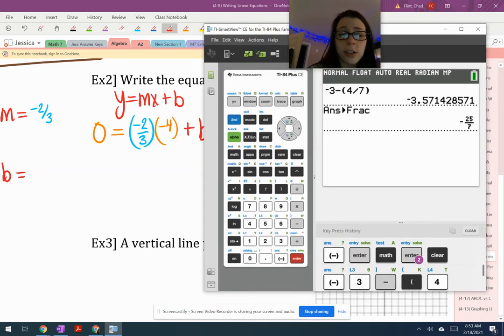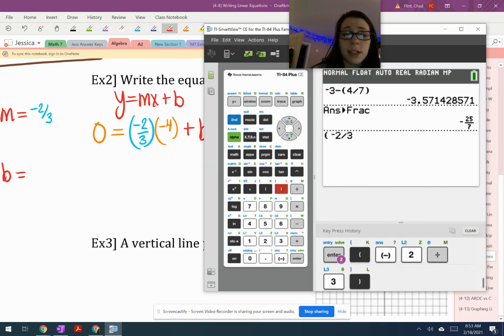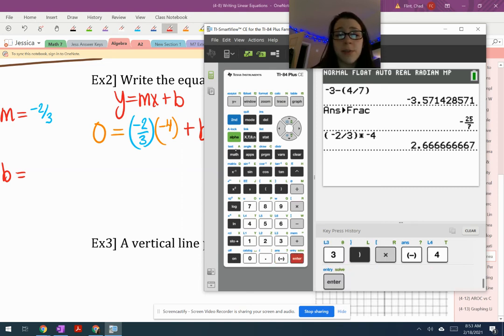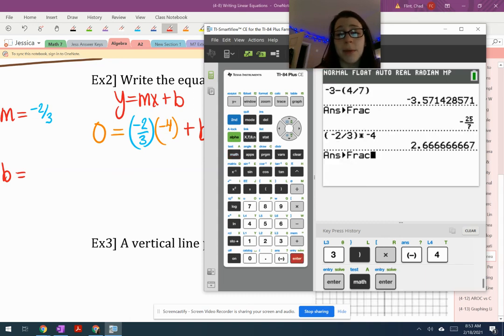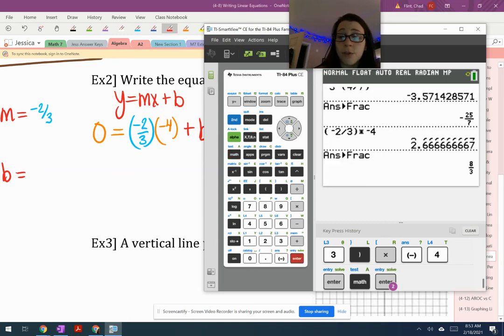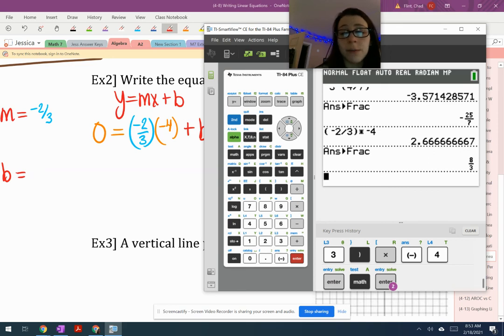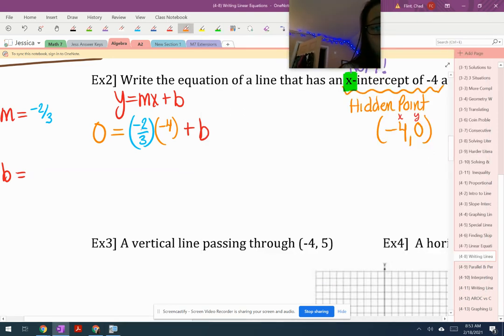Okay, so fractions in the calculator, we've got -2 divide 3 in parentheses times -4 is going to be a positive. Again, repeating decimal, no good. Math frac that baby. Answer, frac 8/3. So 0 is equal to 8/3.